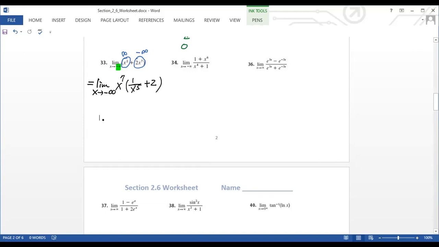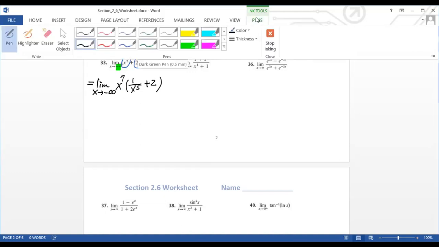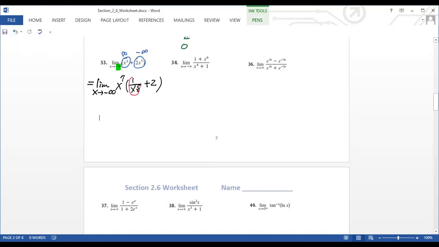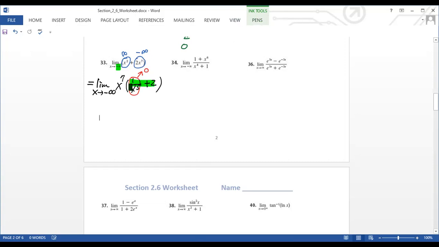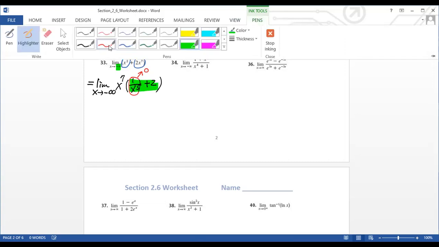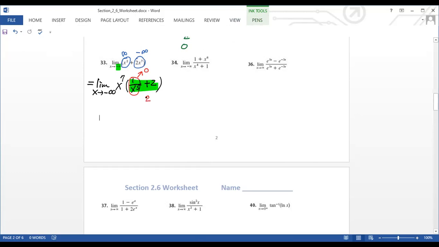Now let's take a look again. When x approaches negative infinity, the denominator becomes negative infinity, so this whole term will approach zero. If this term approaches 0, then the whole inside will approach 2.